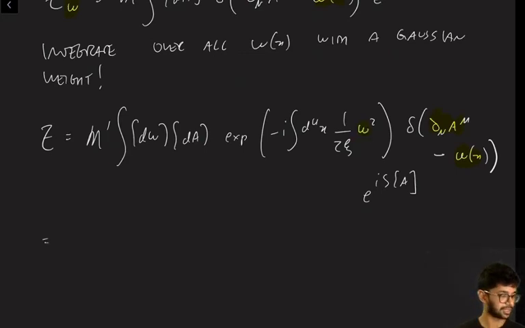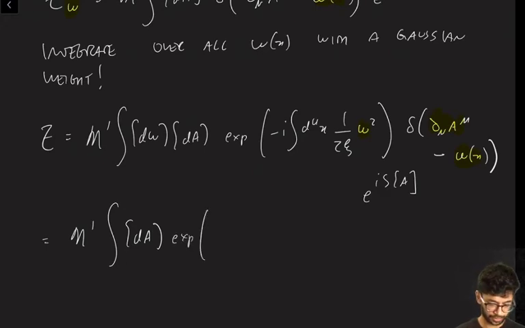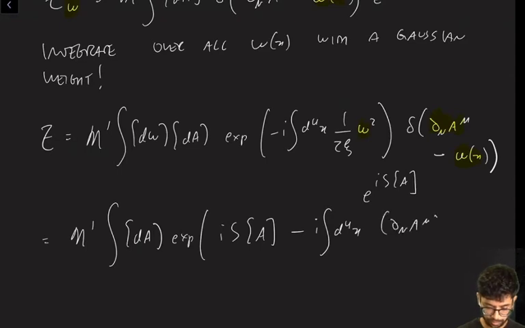And what I then find is that the integral is now the integral of the Maxwell action minus a factor of integral d4x, there's an i over here, times d mu A mu squared over 2 zeta.